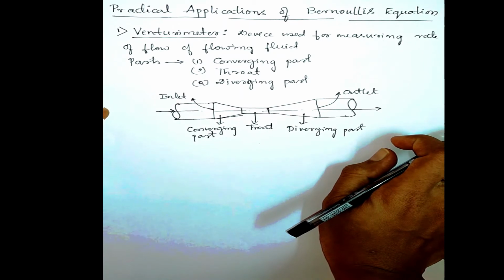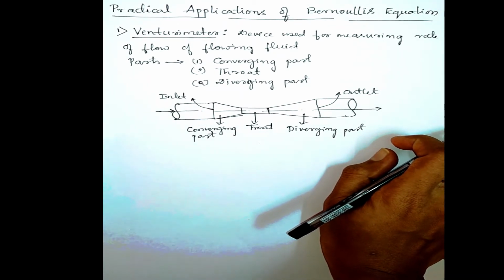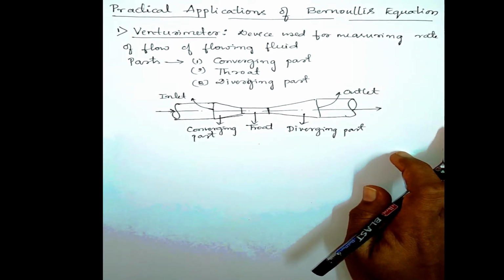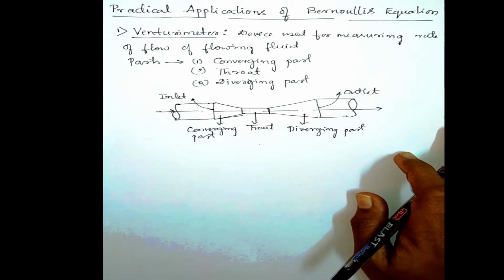Now we have to derive the discharge equation. Basically the Venturi meter is a device used for measuring the discharge or the rate of flow of a flowing fluid, so we have to derive the equation for it. As already told, it is an application of Bernoulli's equation, so we are going to apply Bernoulli's equation to get the discharge equation.